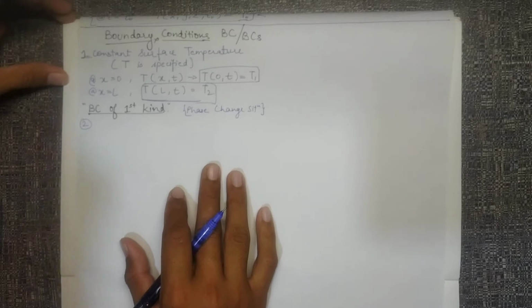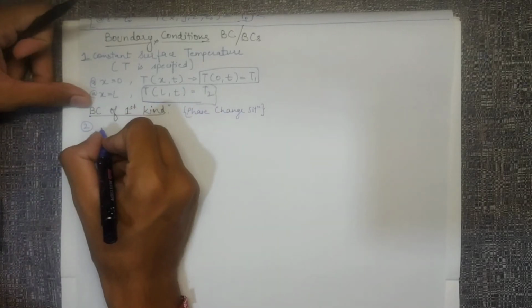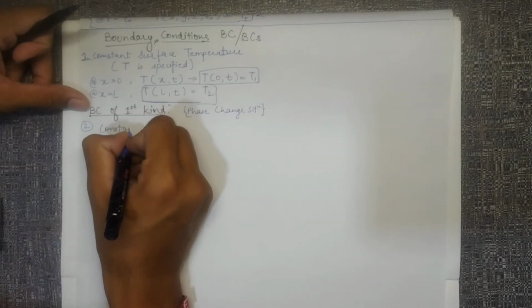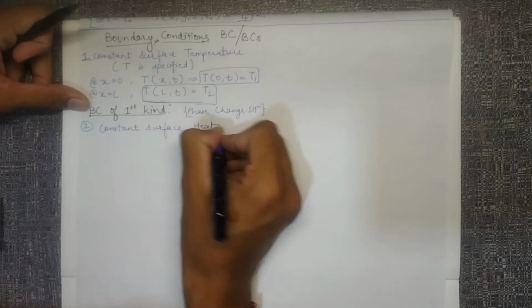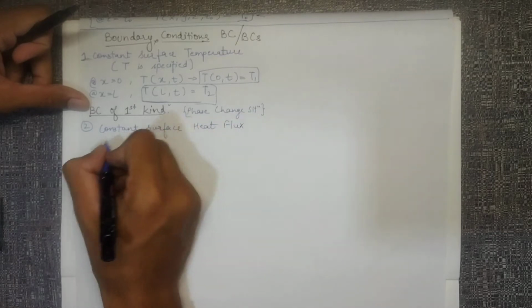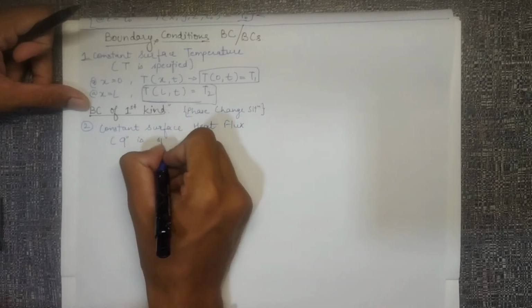The second one is specified heat flux, or constant surface heat flux, where the heat flux q double dash is specified.